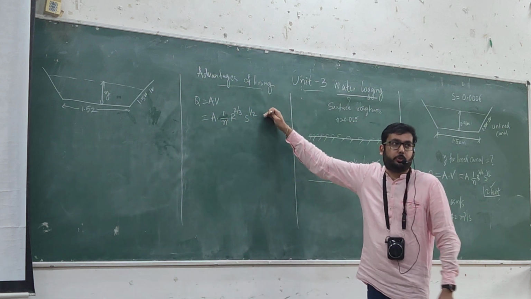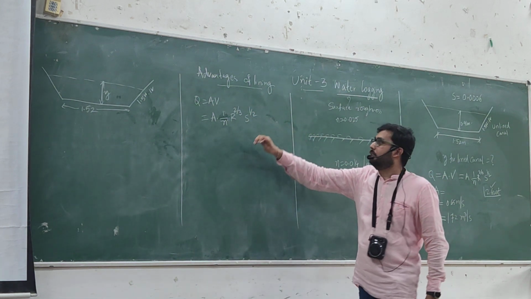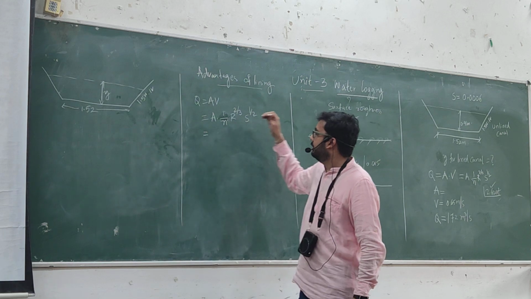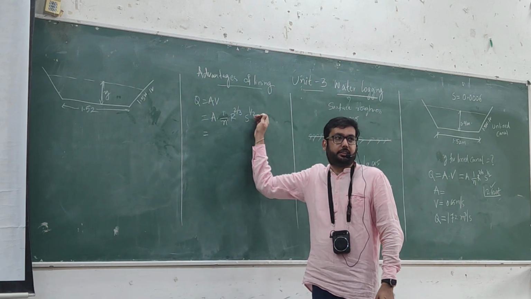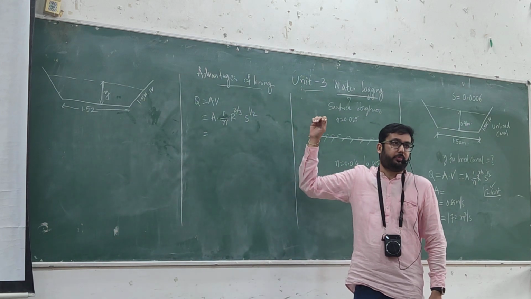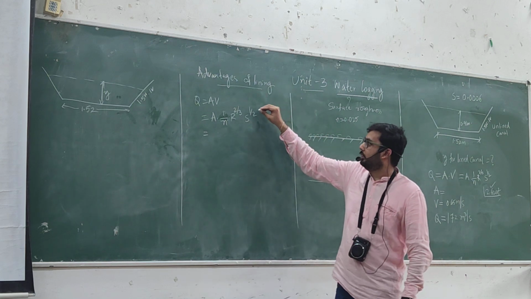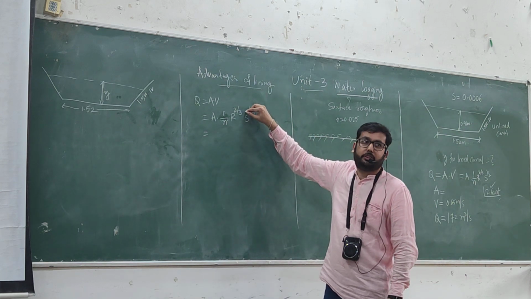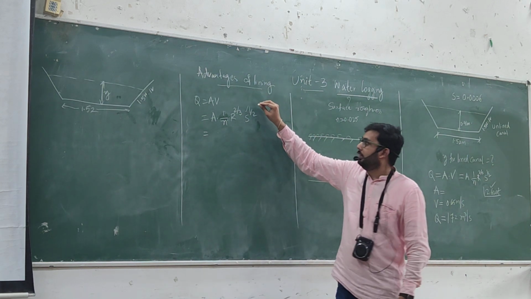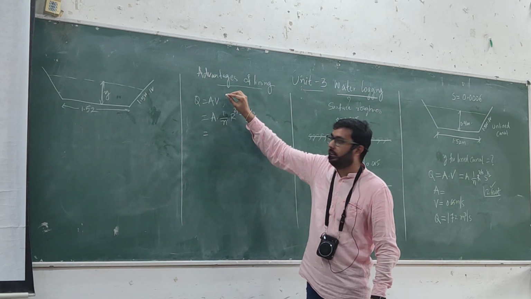So this is the expression for discharge Q. Now, what are the unknowns in this? What are the knowns? Slope is known, n is known, and anything else?